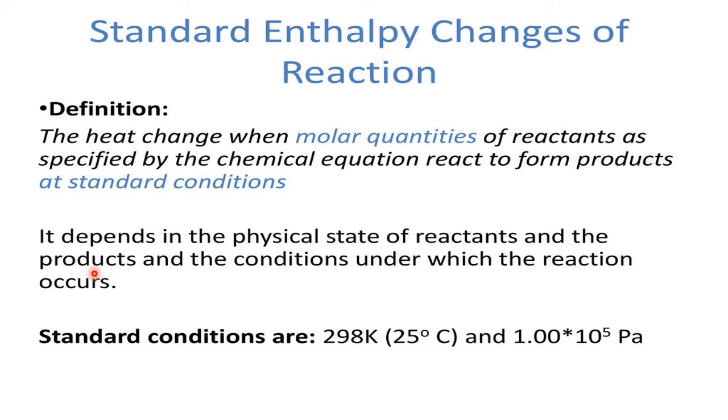If you carry out the reaction by taking some impure sample, no problem. If you carry out the reaction under normal condition with a small amount of impurity, that is called normal reaction enthalpy. But if you are carrying out the reaction in standard condition, like 298 Kelvin or 25 degrees centigrade, or 1 bar pressure, with all the chemicals in the pure condition.